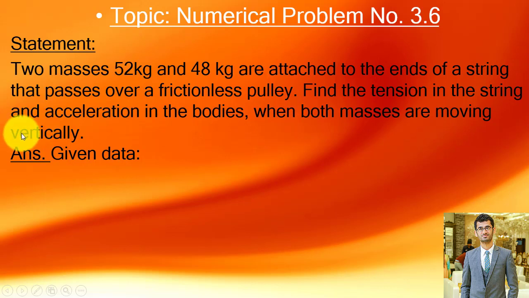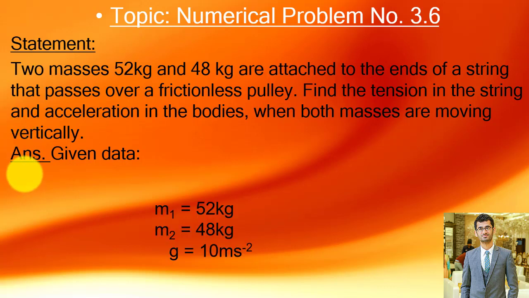Here in this statement, the given data is M1, that is 52 kg, and M2 is equal to 48 kg. Here the gravitational acceleration is 10 meter per second square.